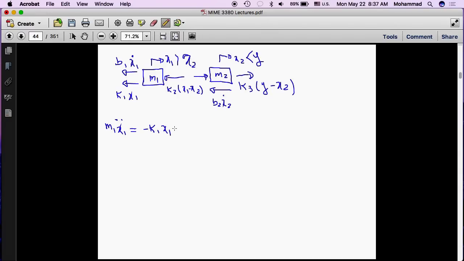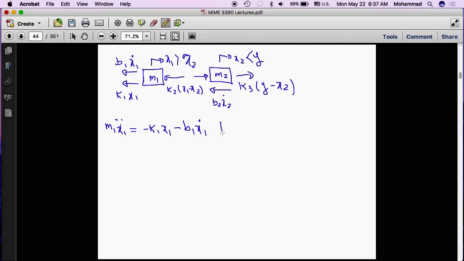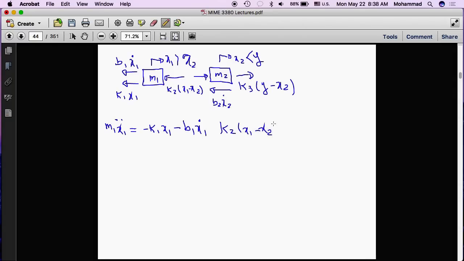How about B1 x1 dot, positive or negative? Negative, because in the same direction. How about K2 (x1 minus x2), positive or negative? Again, the direction is opposite to x1, so negative. All three forces are in the negative direction. That's based on the assumption we made for the second one.